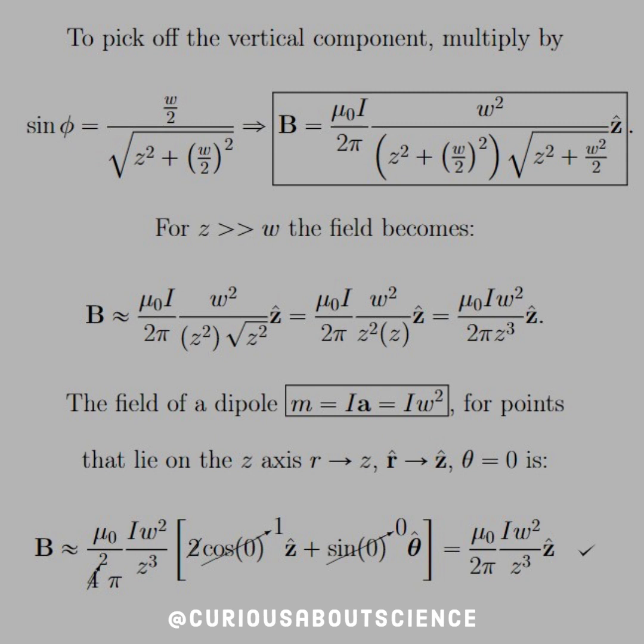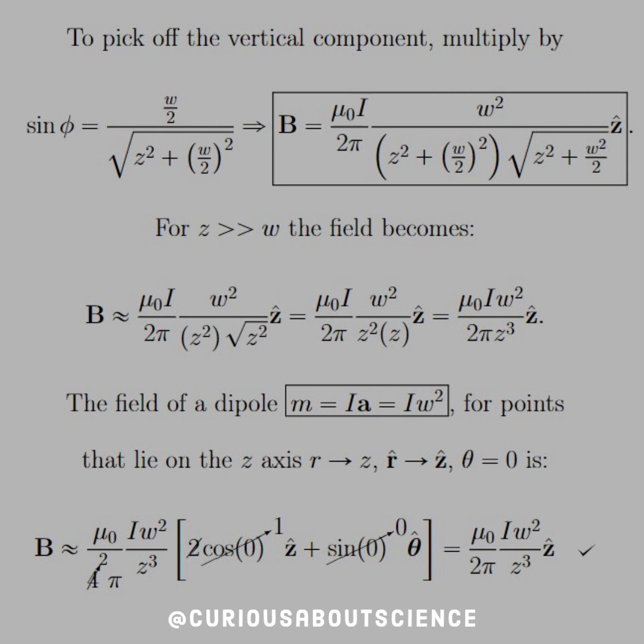We see that we get mu naught I over 2 pi, where that 2 for the 2 pi comes from the fraction in the sine phi in the numerator. And then we get w squared over z squared plus w over 2 squared, again because we have 2 of the radicals, and then times the square root of z squared plus w squared over 2 in the z-hat direction, because we want it vertical only.